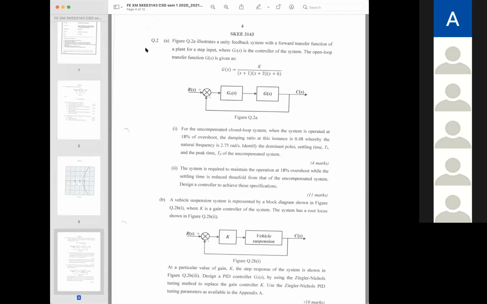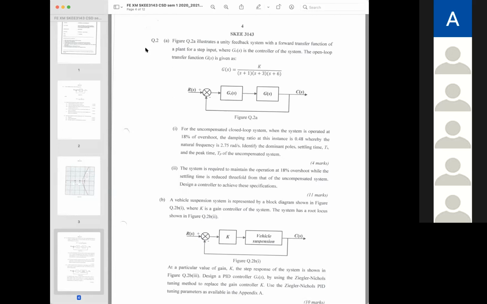Okay. So no plot is given. Abdul Rahman, yes, no plot is given. Any graph given?